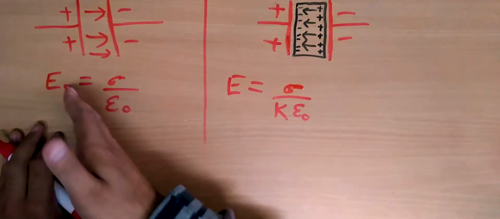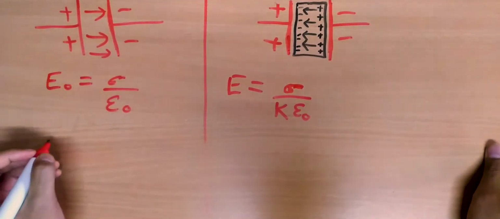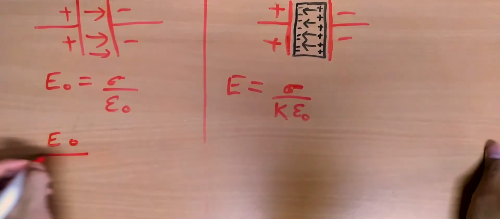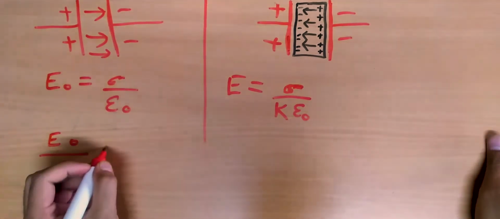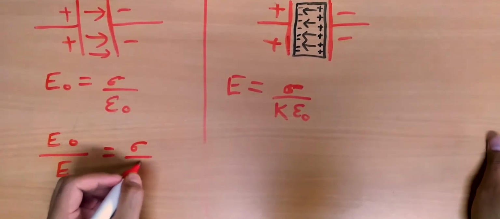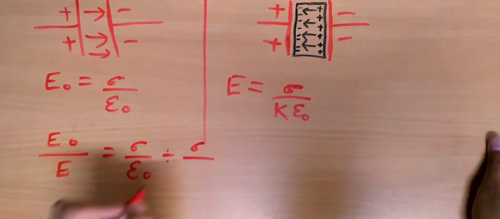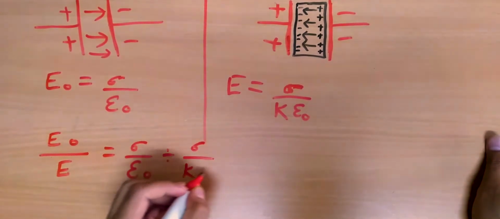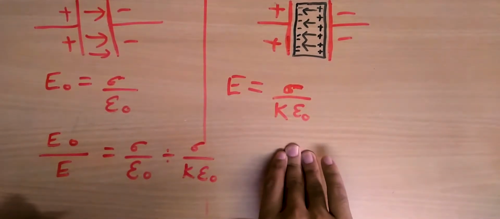What we can do is divide this expression with this expression. So if I do that, I get E naught upon E equals sigma upon epsilon naught divided by sigma upon k epsilon naught. I am dividing this equation with that equation.